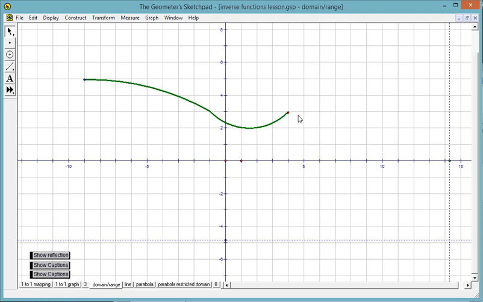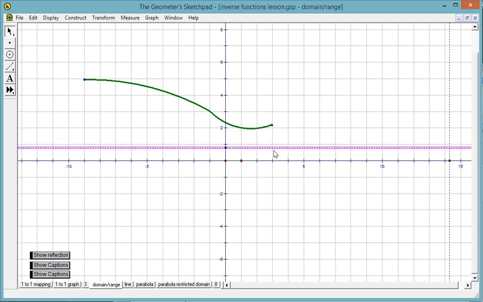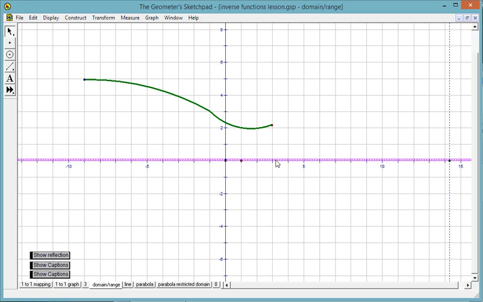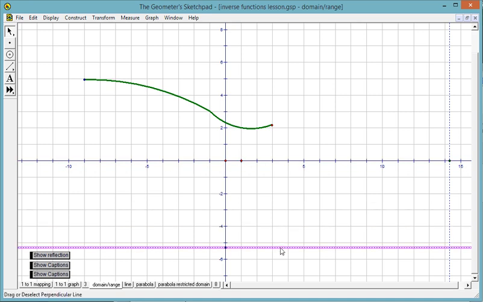Now, I could make it even closer, but if there's even one little place where it doesn't meet that horizontal line test, then it's not one-to-one.